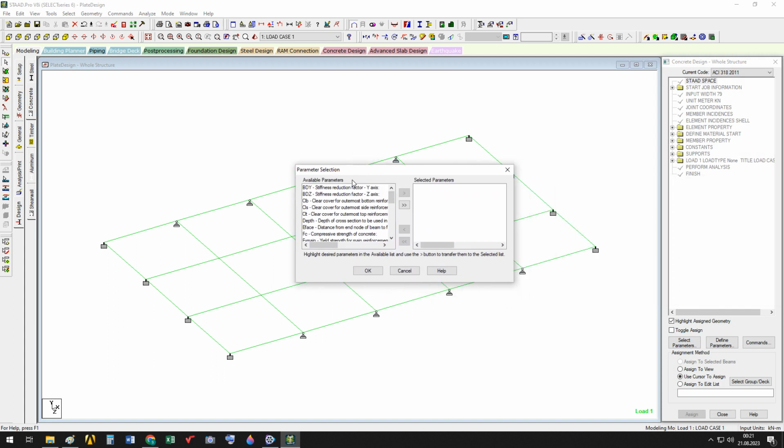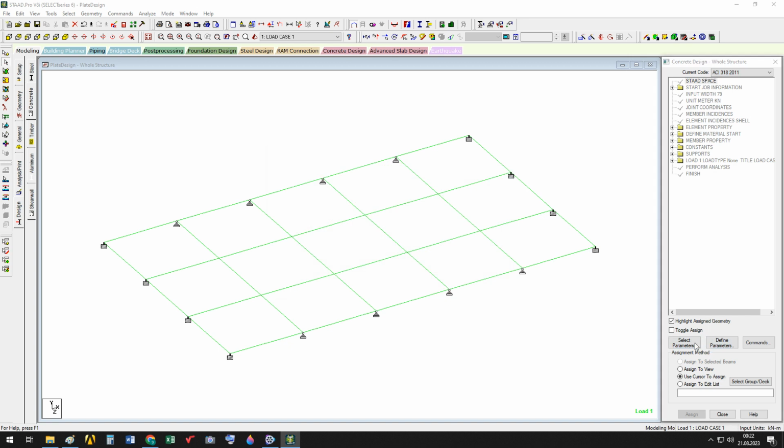I will make the design on the plate elements, not beam elements. Only for bottom reinforcement, cover, compressive force of concrete, and only yield strength for the main reinforcement. Okay, define parameters.